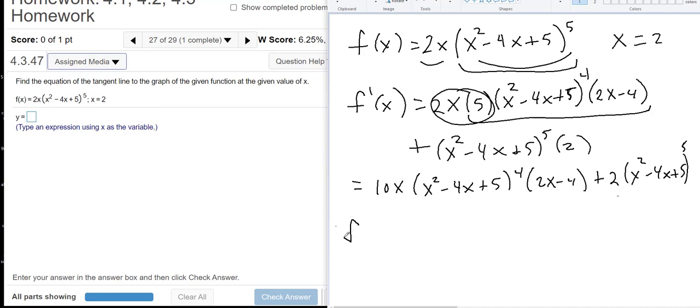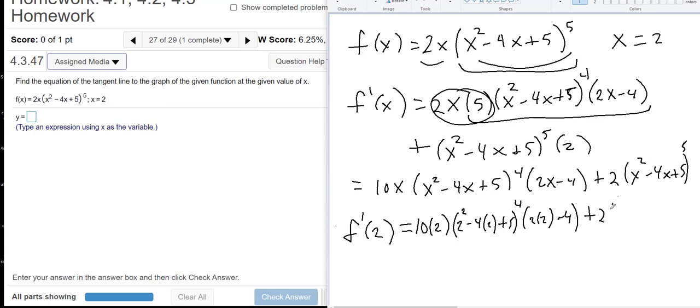So they tell us that x is 2, so we need to find f prime of 2. So each time I have an x, I'm going to substitute a 2. So that's 10 times 2, 2 squared minus 4 times 2 plus 5 to the fourth, 2 times 2 minus 4, plus 2, 2 squared minus 4 times 2 plus 5 to the fifth.